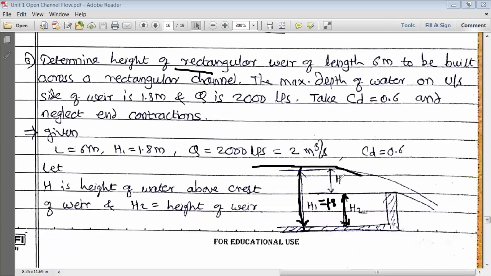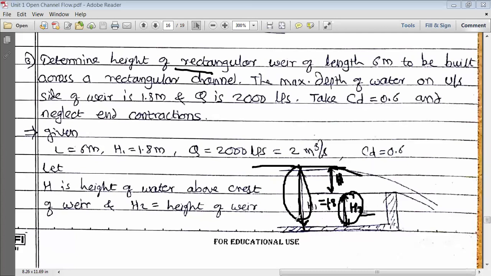And this is the head over here. Now this head of the water above the weir plus height of the weir, you will get this total depth of water. Now we need to find out this H2.